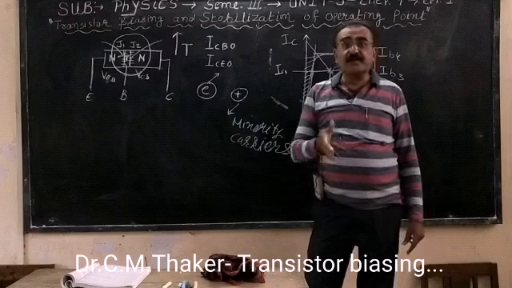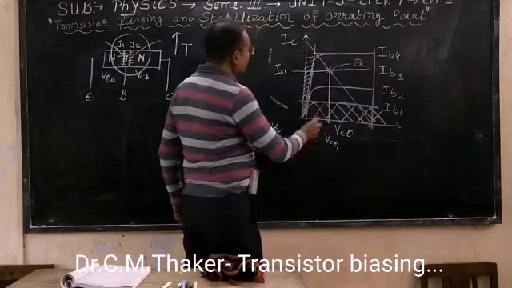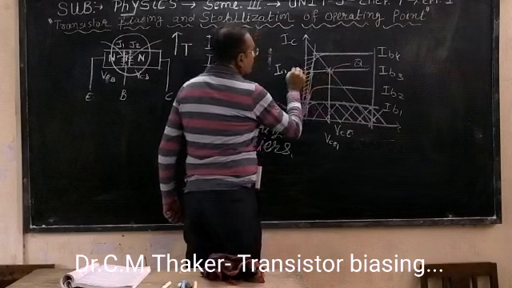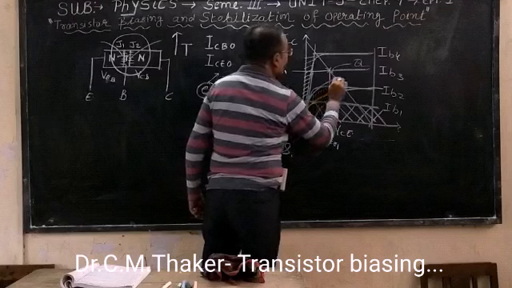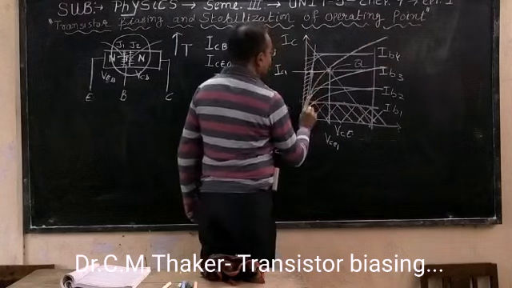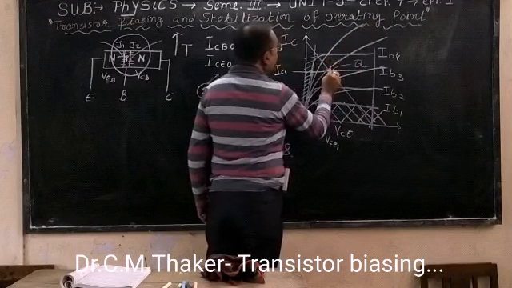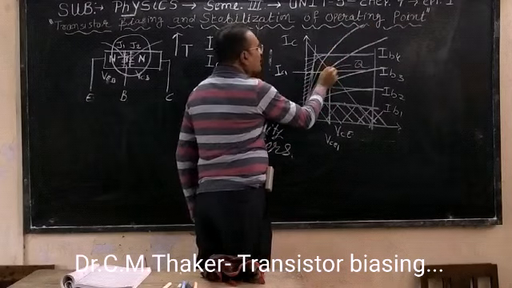The first thing is that, but the very important thing is that your IC is now not constant, it will start to increase, and your characteristic will be shifted. So your operating point Q shifted from here to here.